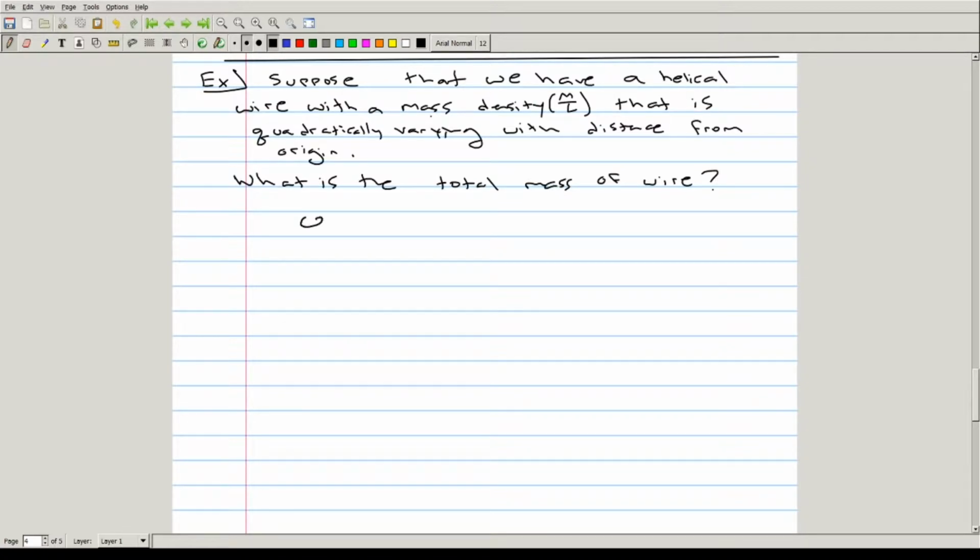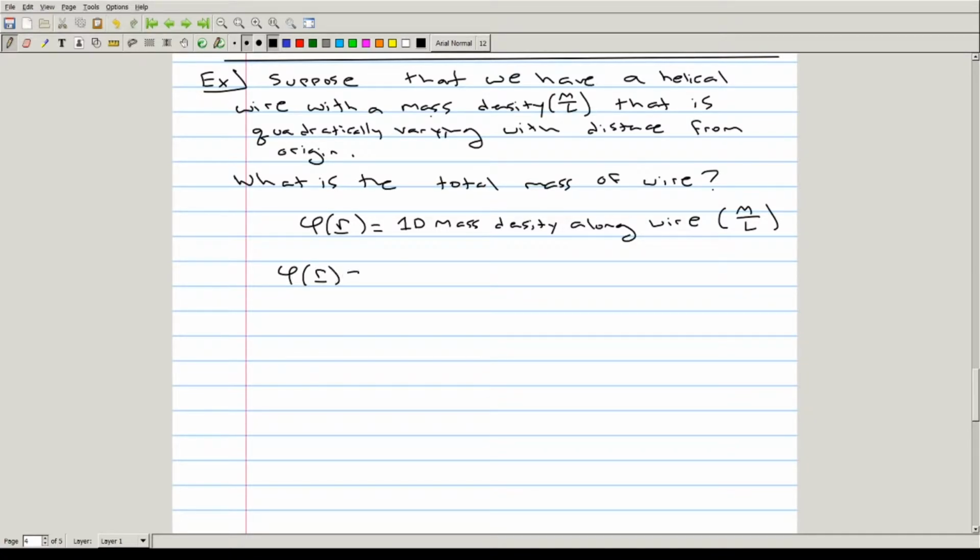But first things first, we'll say that phi of r is the mass density, the 1D mass density along the wire. So this is measured in mass per unit length along the wire.